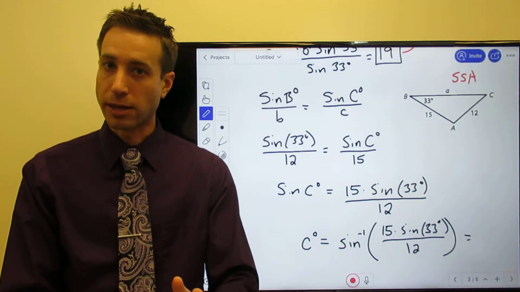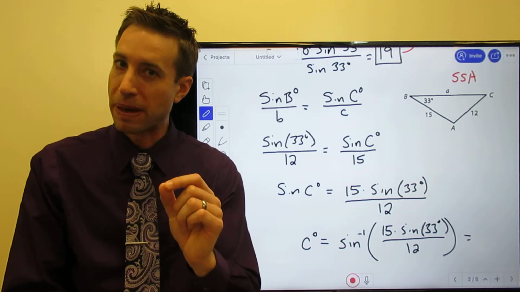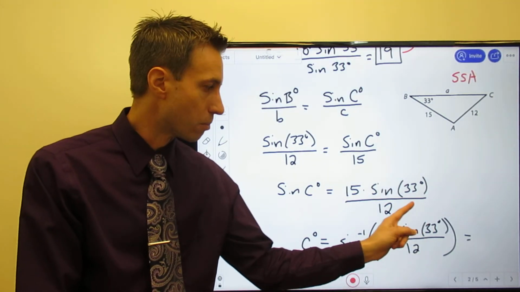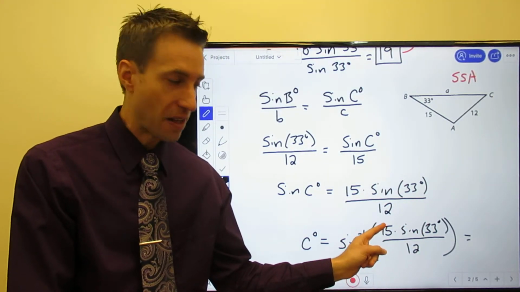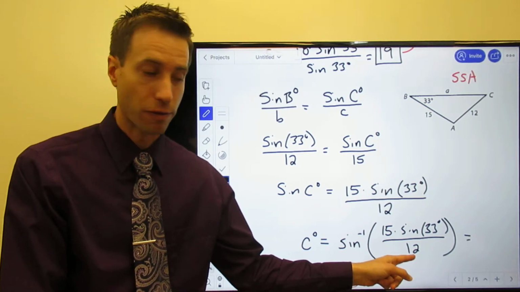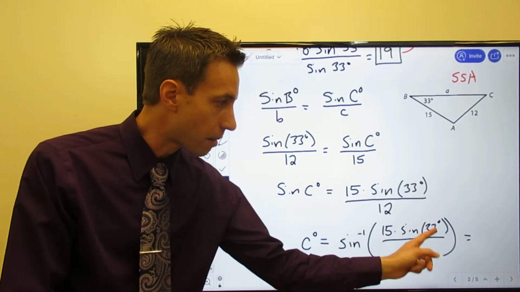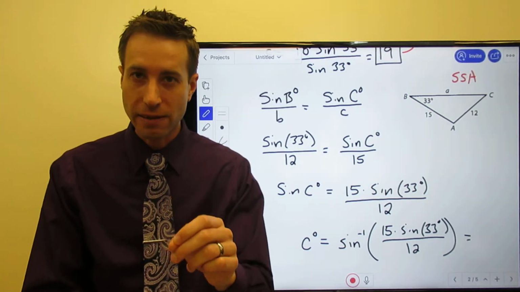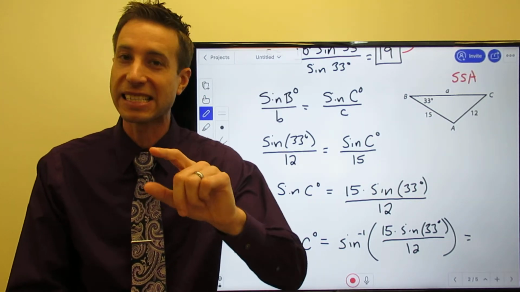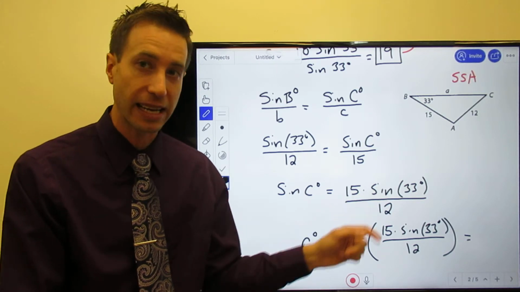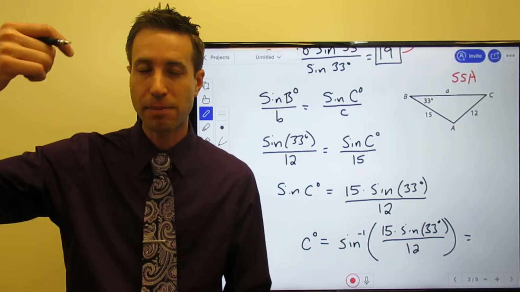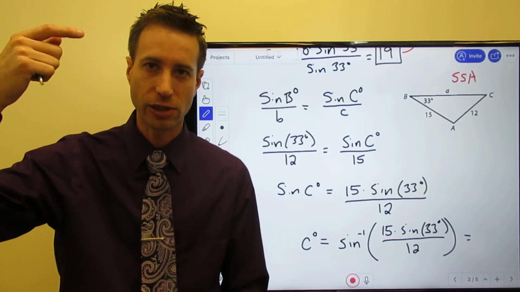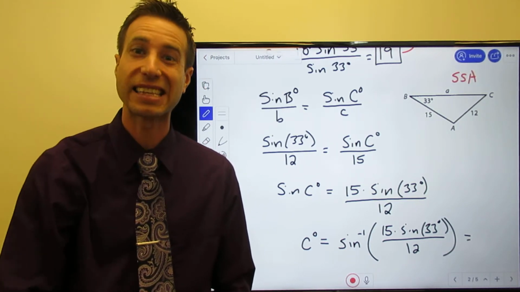Okay, this is a lot to put into a calculator, so we're going to do it bit by bit. First, you're going to take the sine of 33 degrees. You'll multiply that by 15, then divide by 12. Once you get this number, you'll do the inverse sine. Your inverse sine function should be the exact same button as the sine, except you'll have to hit the second function button because it'll be in a different color. Whether it's blue or yellow or whatever it is, just hit that second function button, then hit the sine button.